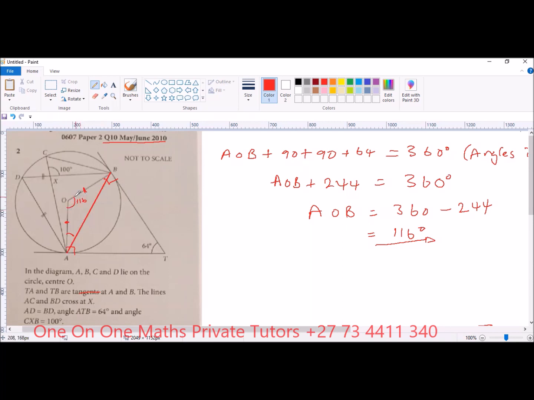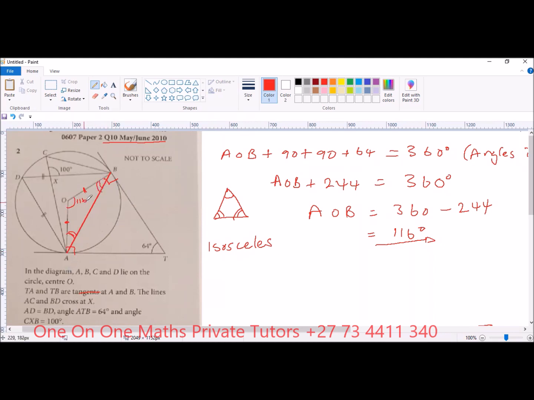What type of triangle is OAB? It's an isosceles triangle. What does it mean? We have base angles that are equal, so this angle is equal to that angle.